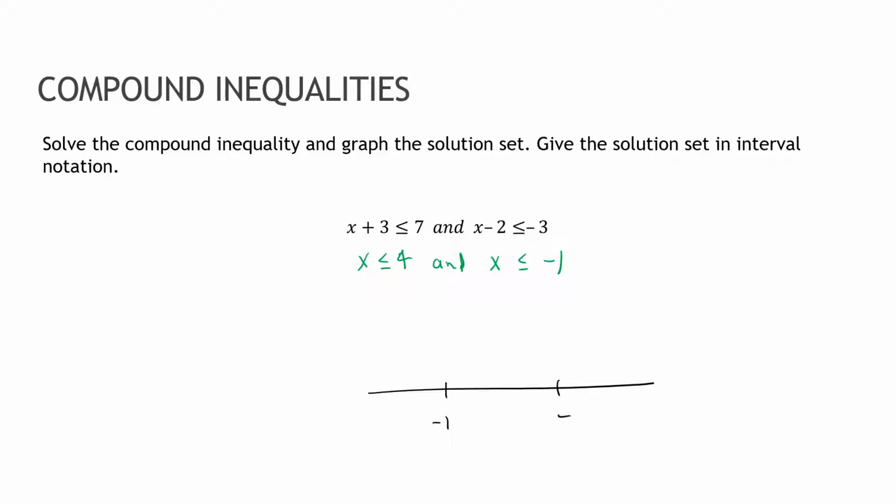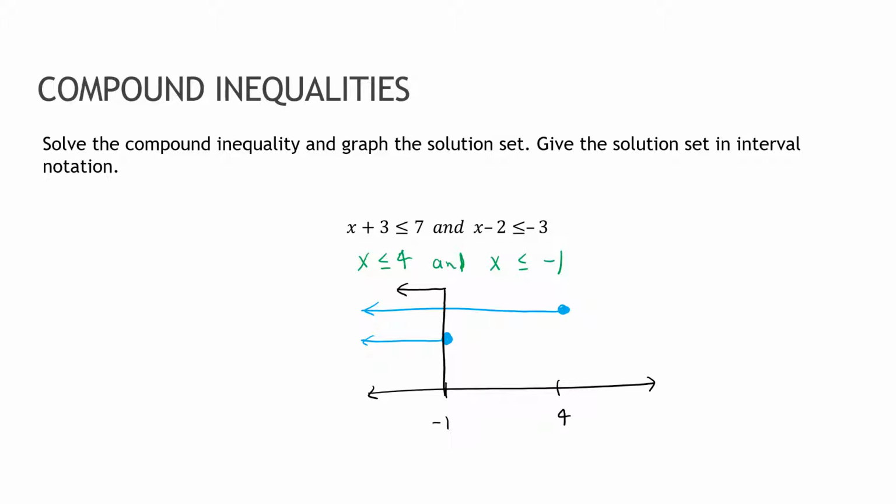Again, you can use the graph to help you. I'm going to show you what this would look like visually. x is less than or equal to 4 would look like this. x is less than or equal to -1 would look like this. Where are they both shaded? It appears from this point and then everything to the left of that.